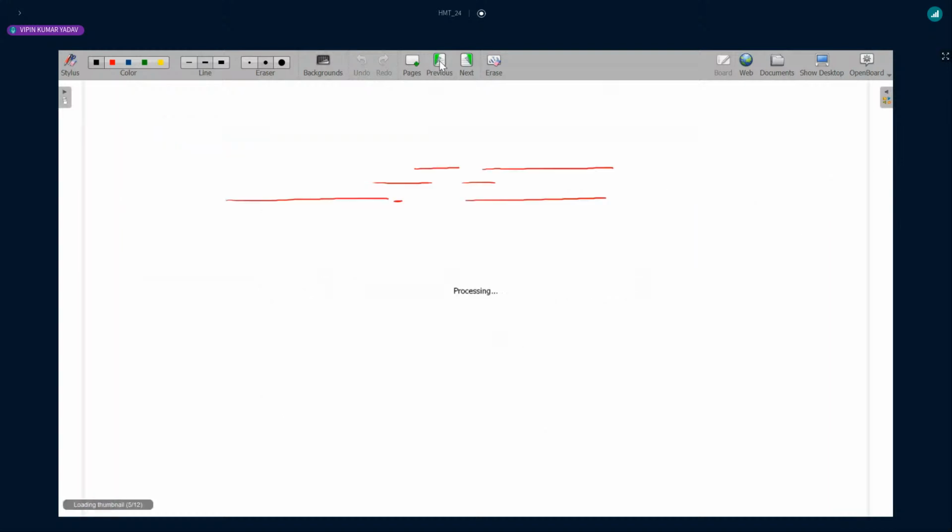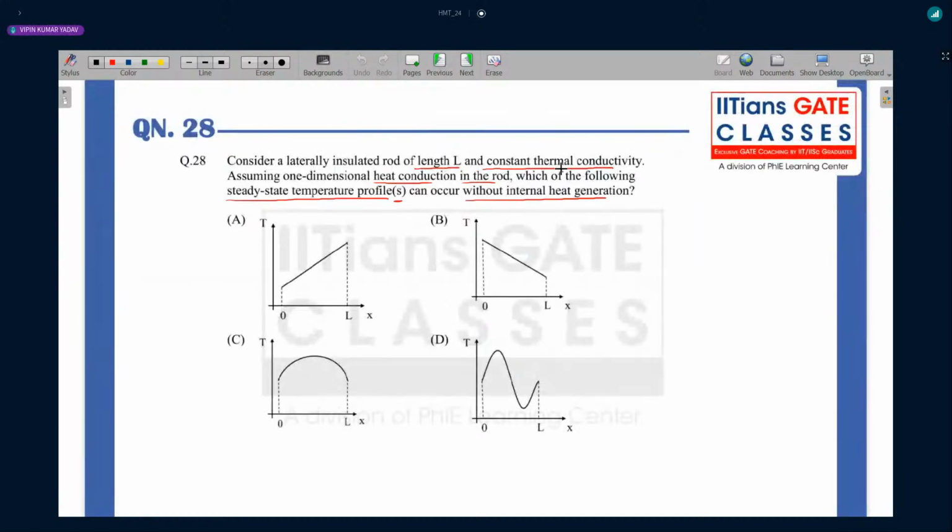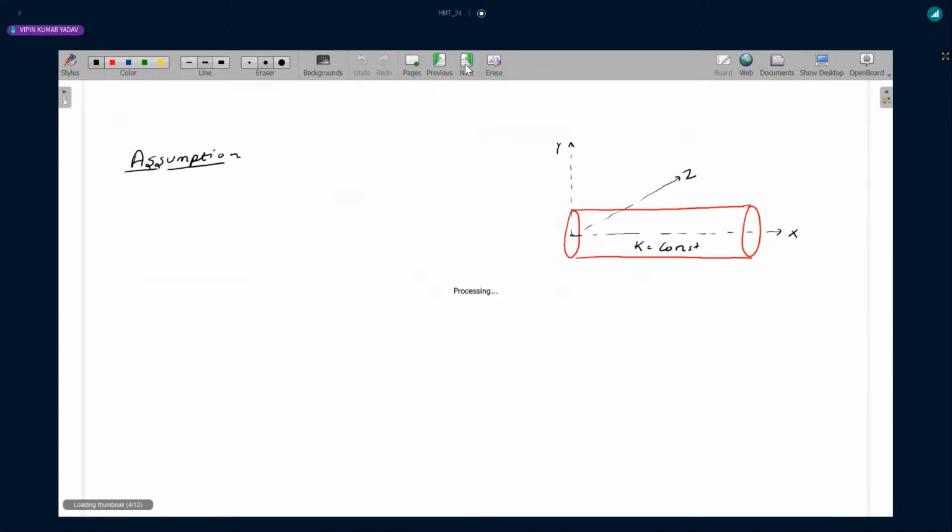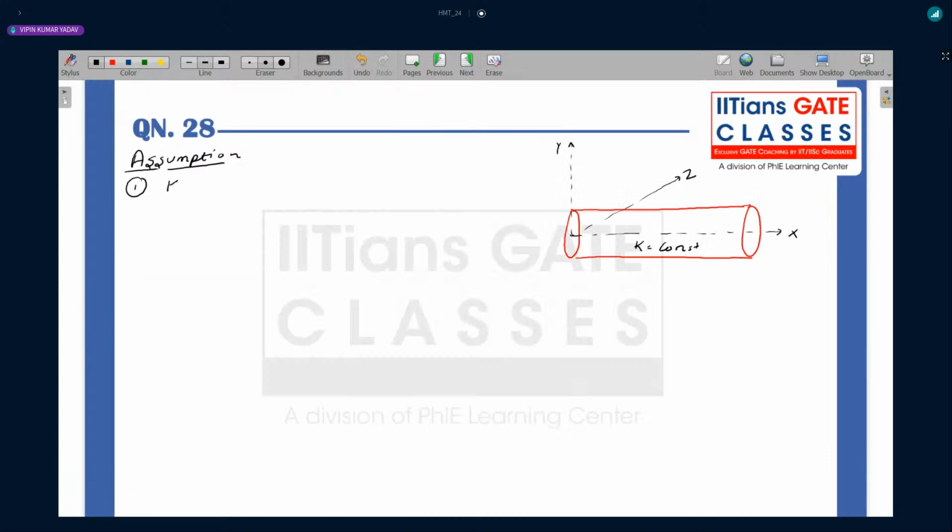Now what are the assumptions? First assumption, constant thermal conductivity, so thermal conductivity is equal to constant. Second assumption is one dimensional heat conduction. That means Q dot Y is equal to 0, Q dot Z is equal to 0, and it is laterally insulated.